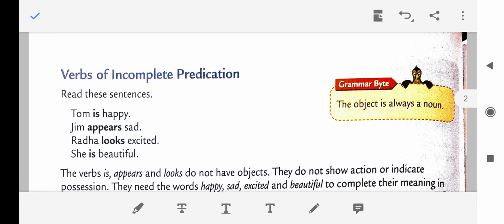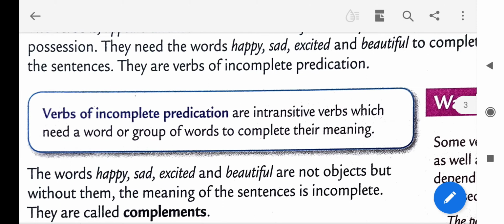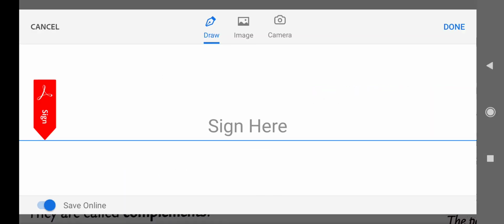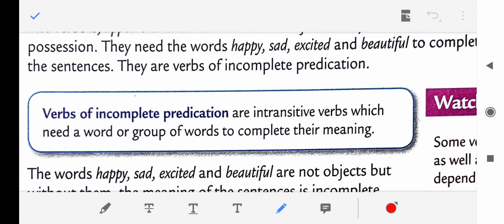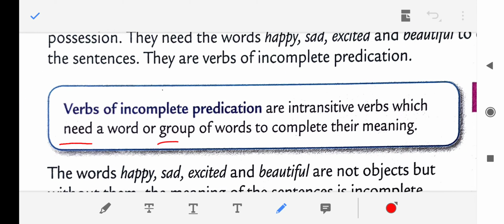there come verbs of incomplete predication. Okay, now this is the definition. Verbs of incomplete predication are intransitive verbs which need a word or group of words to complete their meaning.